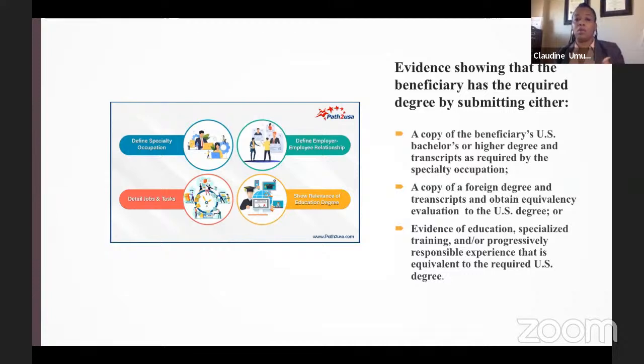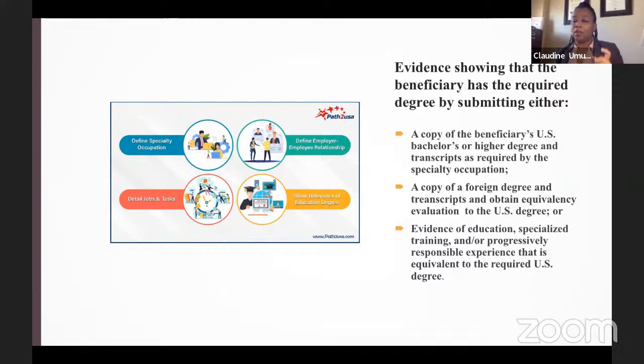You hire an attorney, you say, okay, this person has this diploma, then you have to go through equivalency evaluation, because if it turns out the evaluation comes back and they say, oh, well, this person does not really have the equivalent of a US bachelor's degree, then you have gone through all this work for nothing.